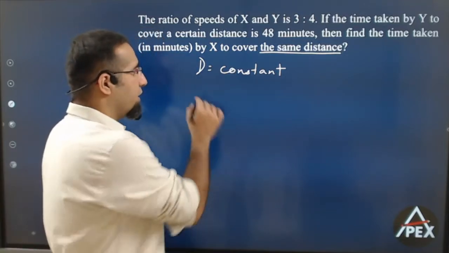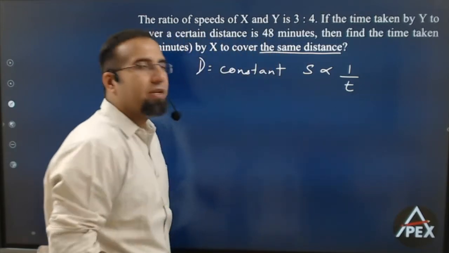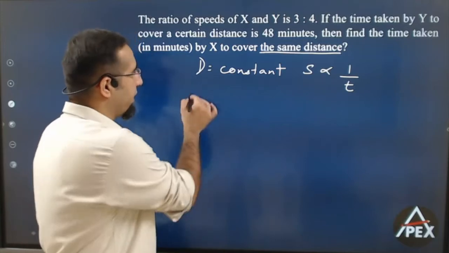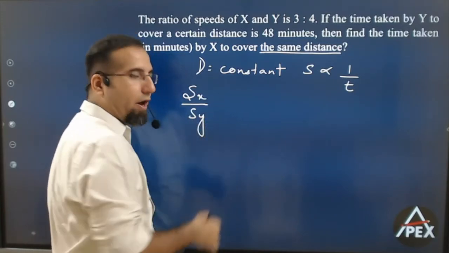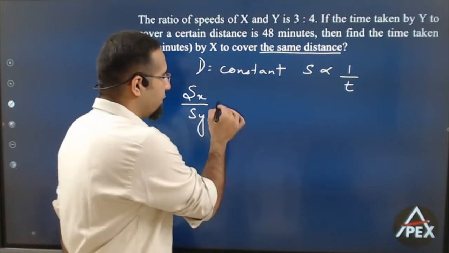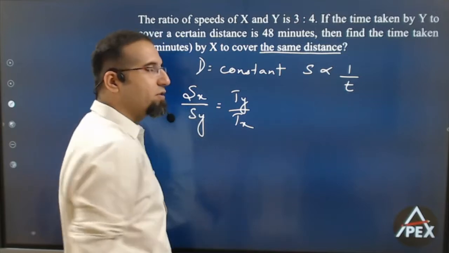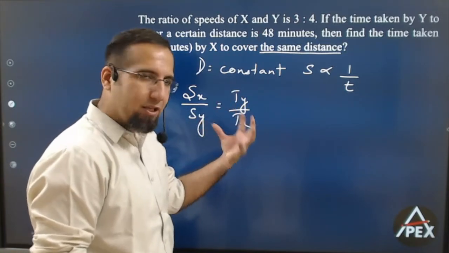So if distance is constant, speed is inversely proportional to time. If speed is inversely proportional to time, we would know that speed of x by speed of y will be equal to the time taken by y divided by the time taken by x to cover the same distance. Now if I just plug in these values, I get the answer directly here.